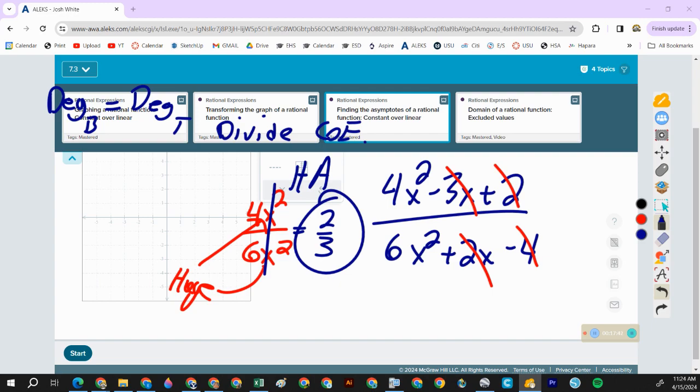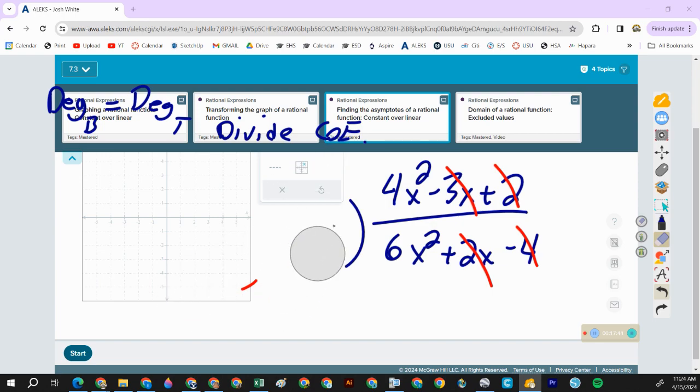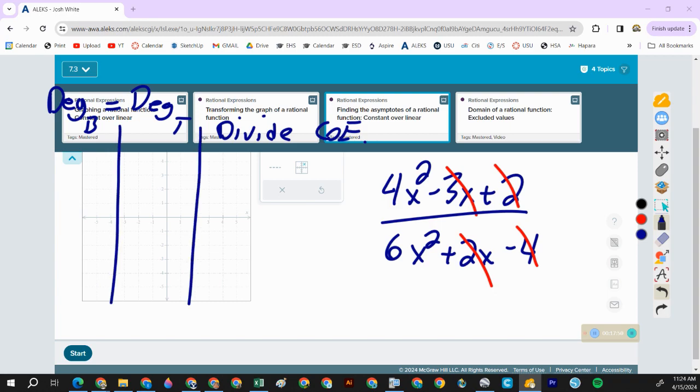Well, whatever this graph looks like, so we could have an HA there, or a VA there, and a VA there, vertical asymptotes. But at 2/3, we have this magic line, and the graph on the edges is going to get closer and closer to those lines. So it could look something like this.